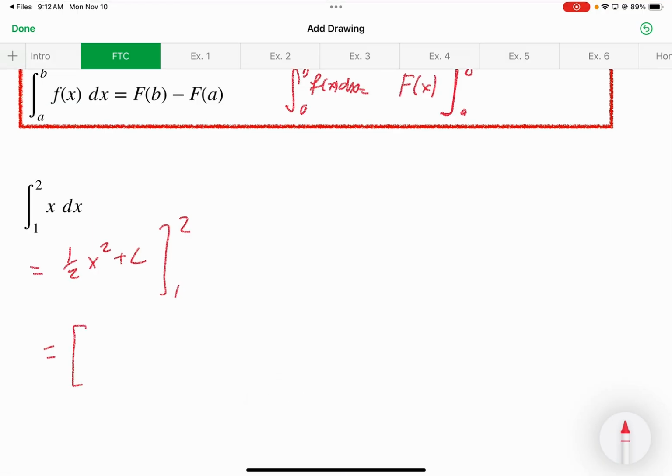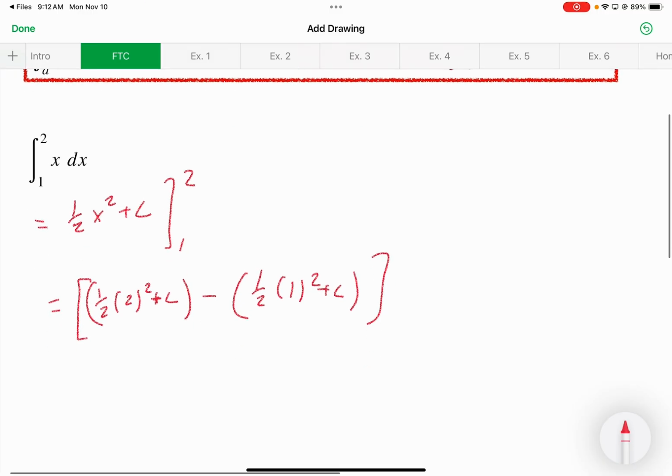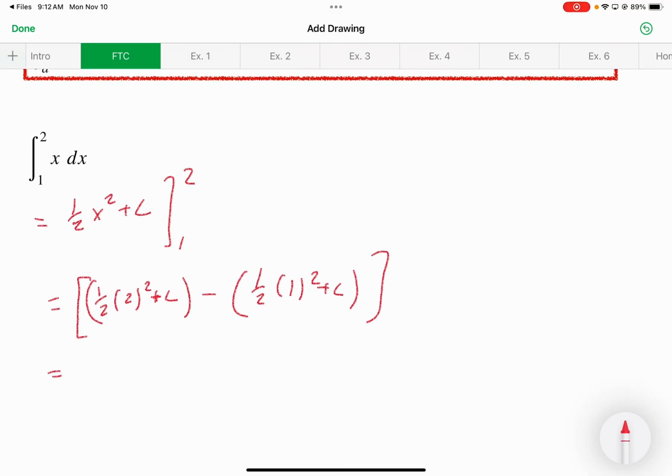So then I would have 1/2 times 2 squared plus C, minus, and then I'm going to put this all in parentheses, 1/2 times 1 squared plus C. I don't really need those brackets there. I'm just kind of doing it for aesthetic purposes. All right.